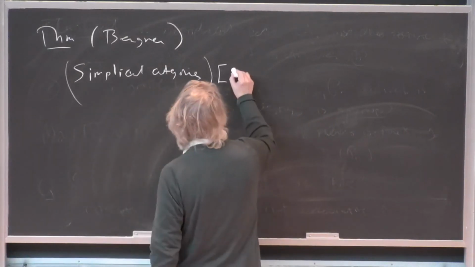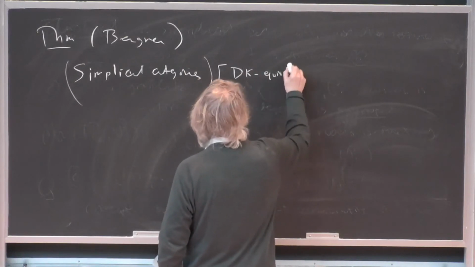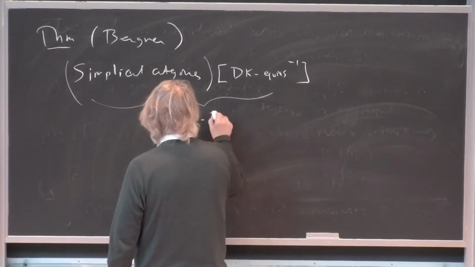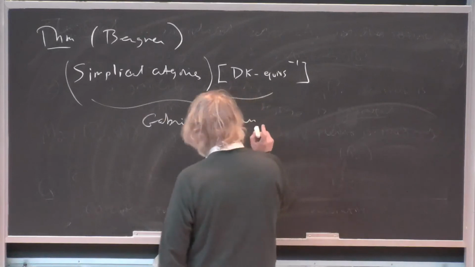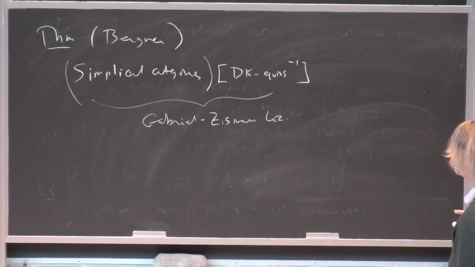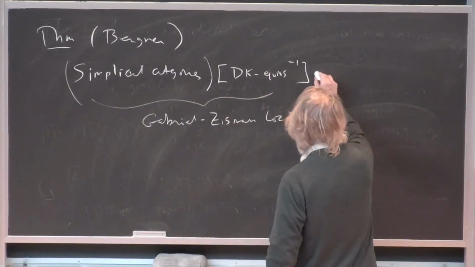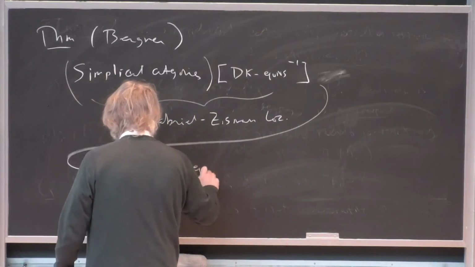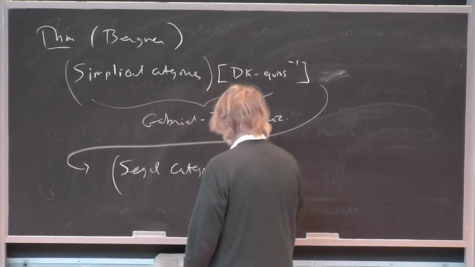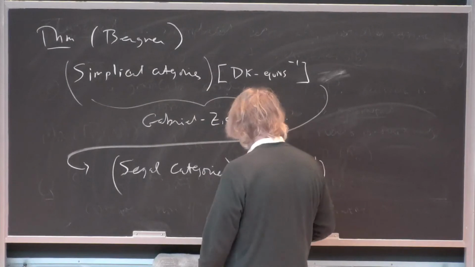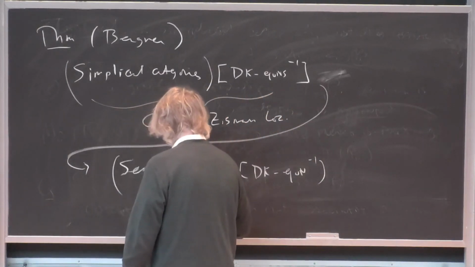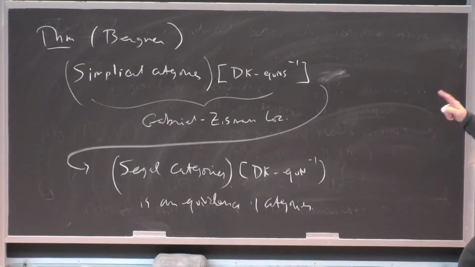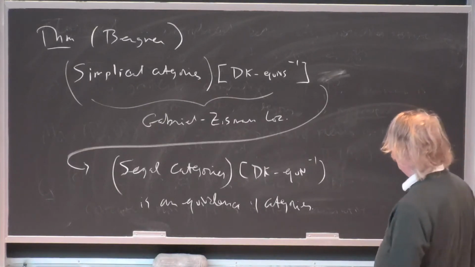But we could just take the usual localized category, so this is the Gabriel-Zisman localization, where you invert the equivalences. The map from this to the same thing for Segal categories is an equivalence of categories. And the stronger statement would be that if we did the Dwyer-Kan localization of those categories, we would get an equivalence of infinity categories also.